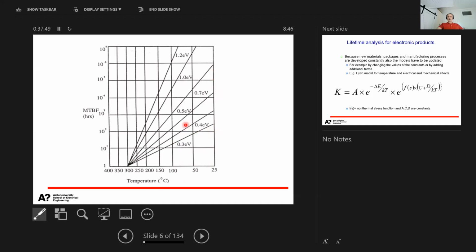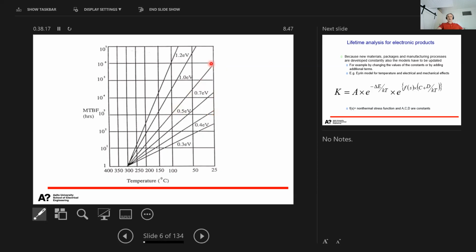But if you have higher activation energy, like 0.7, we are here, and then you do the same thing, that you increase the temperature from 25 up to 100, then you see that we already have, let's say, 1 order of magnitude from here to here, another order of magnitude from here to here, and third order of magnitude here to here.